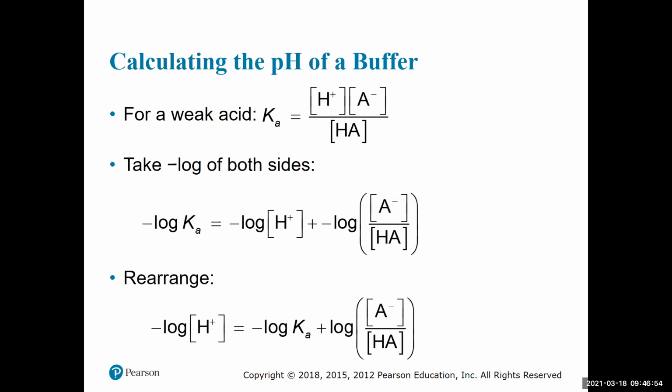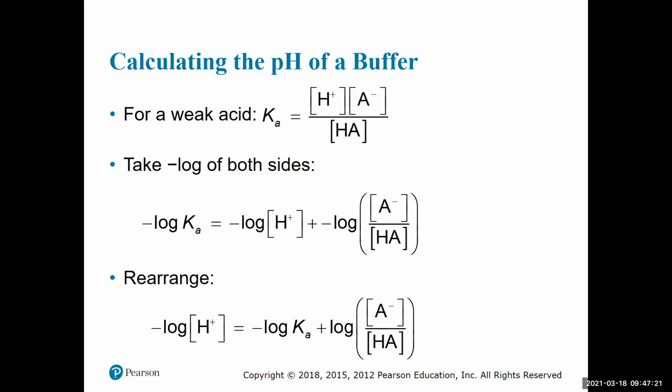Okay, so how do you calculate the pH of a buffer? If we think back about our expression for a weak acid, we write that equilibrium expression as the proton concentration times the anion concentration divided by the acid concentration. So we've seen that expression quite a bit.